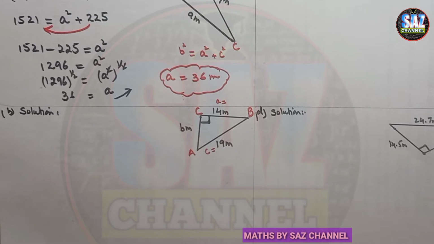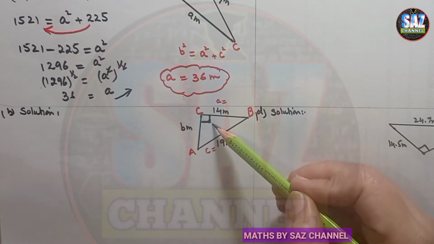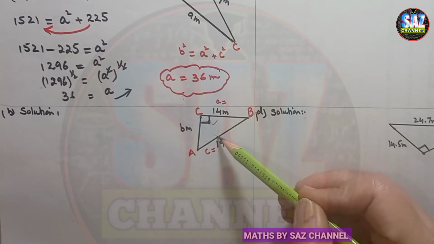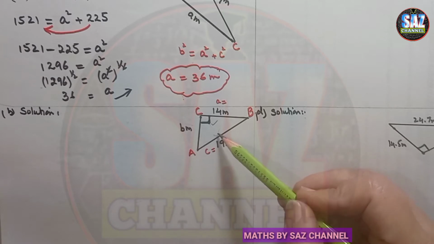After labeling and marking the lengths and vertices, it's really important to understand how to apply Pythagoras theorem. This is the 90-degree angle, and the face opposite to the 90-degree angle will be the hypotenuse, which has to be the longest face, and which has to be kept alone.